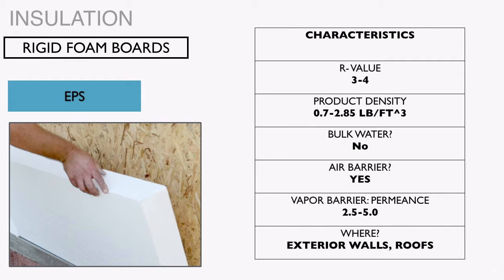It can sit between these beads, and so EPS will resultingly hold water. It will function as an air barrier, however, and has a permeance of 2.5 to 5. You'd find this on your exterior walls and roofs as well.